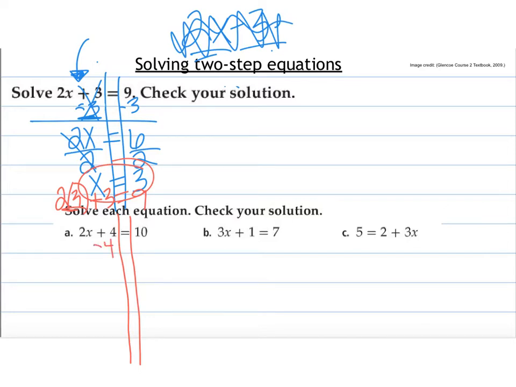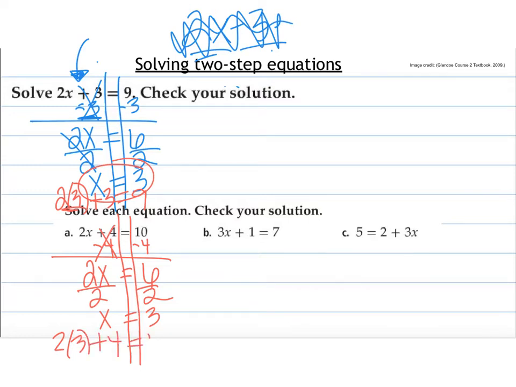So I do minus 4 on both sides. 2x stays the same. That gets to 0. 10 minus 4 is 6. And then I end up with 2x equals 6 again. So divide both sides by 2. X equals 3. And then 2 times 3 plus 4 equals 10. 2 times 3 is 6, plus 4 equals 10, so that works.